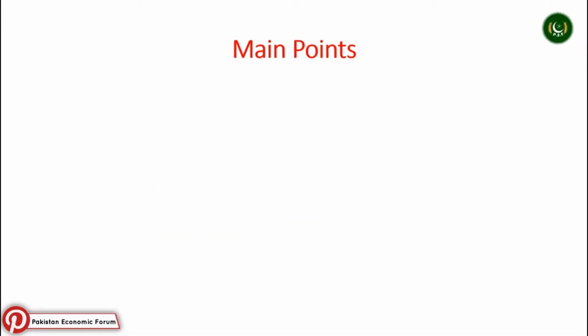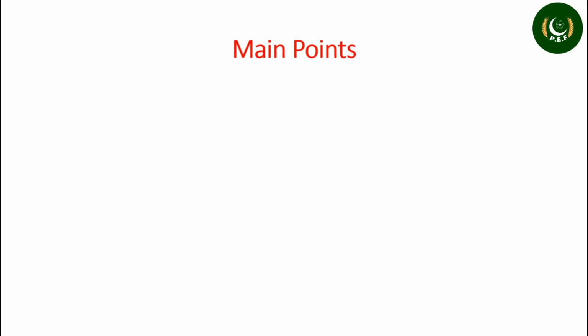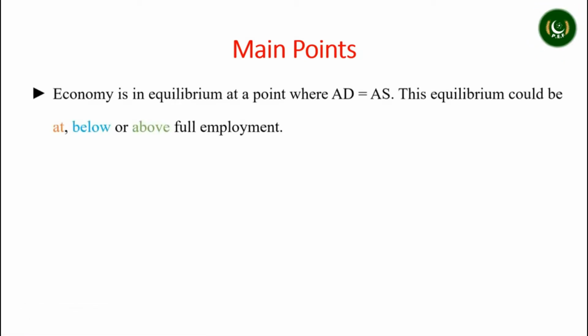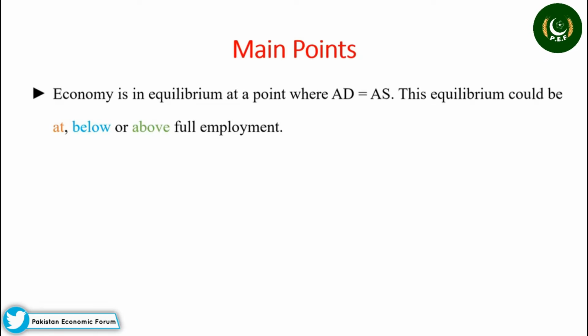As told, J.M. Keynes presented his ideas in the backdrop of Great Depression. The main points of his theory are: the economy is in equilibrium at a point where aggregate demand is equal to aggregate supply. This equilibrium could be at full employment, below full employment, or above full employment.